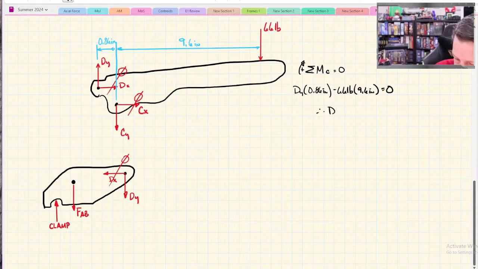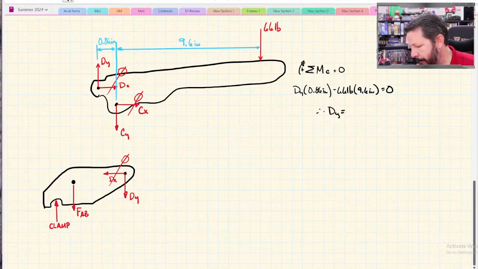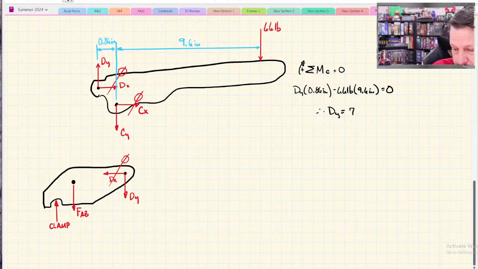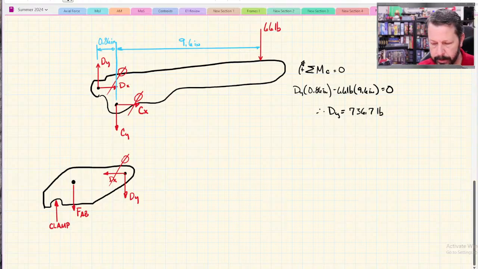And I find a value for DY. 66 times 9.6 divided by 0.86 is, now we're getting the multiplying effect of our lever arm, 736.7 pounds.